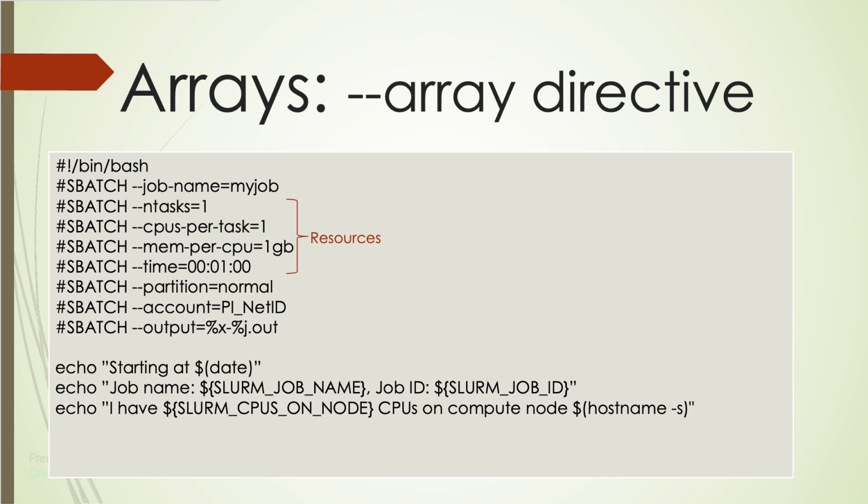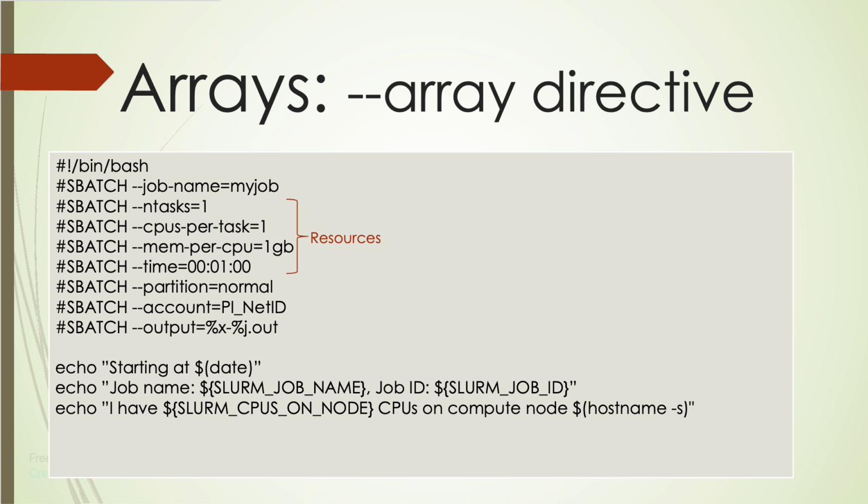We will leave all the directives that request resources as they are, because each job from this array will still run on one task and use only one CPU per task. Remember that here you must replace PINet ID by the network ID of your PI and not with your own network ID.